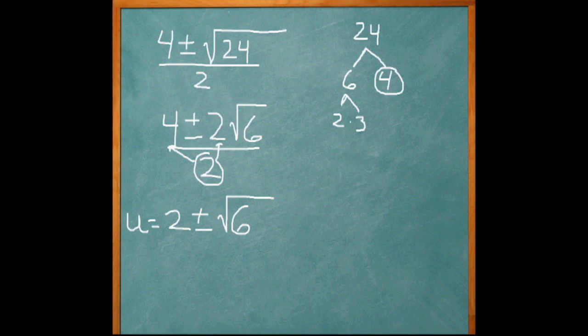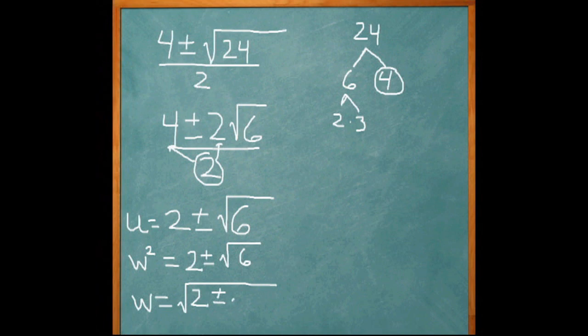Now we substituted u for w squared. So w squared is the same as 2 plus or minus the square root of 6. Now we want to find out what w is, which is what we're really trying to find. W will have to be the square root of 2 plus or minus the square root of 6.